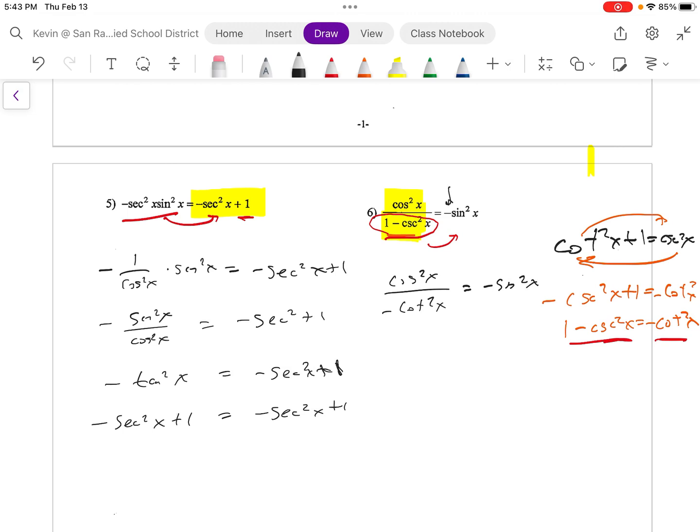The fact that this sine squared is negative is kind of like your little clue that we're going to have this negative here.